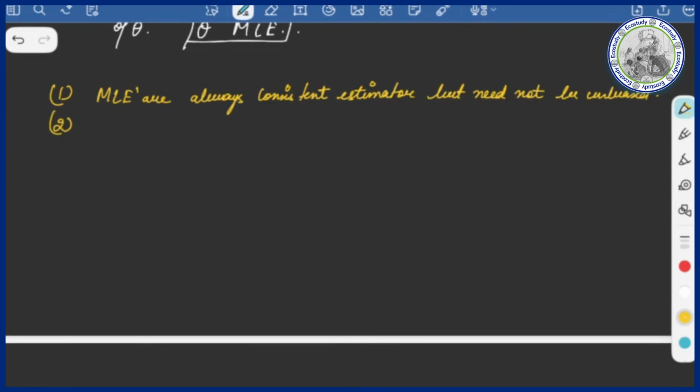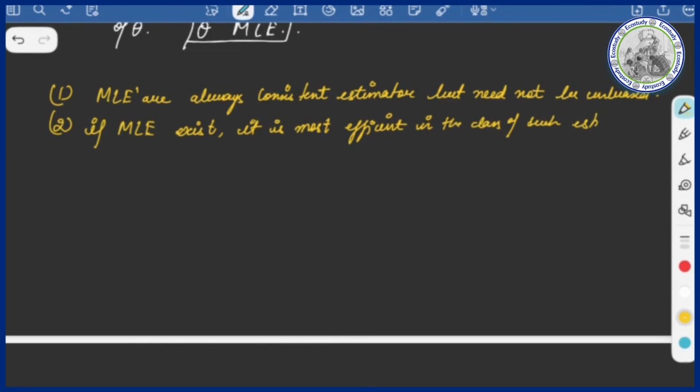Now the next is, if MLE exists, it is most efficient in the class of such estimators.